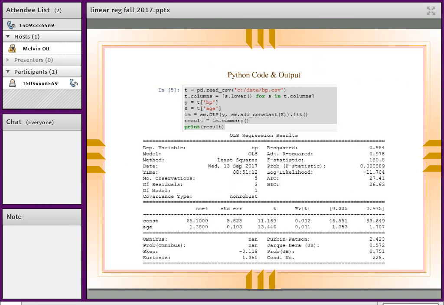Now, here's the Python code that I did for this, and then the output for it, where it gives a summary of the results. And it gives the R-squared value there, 0.984. It also gives the coefficients for those models. For age, the coefficient 1.38, the intercept 65.1.